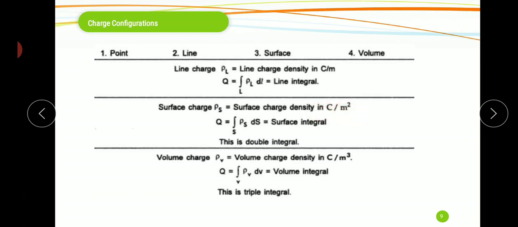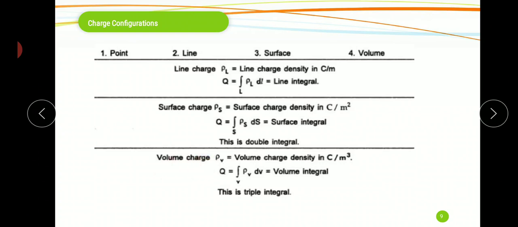Its units are coulomb per meter square. And in case of surface charge, q is equal to integral rho s ds. The meaning of integral s is surface integral, so that means it is a double integral. Why? Because there are two variables for surface.